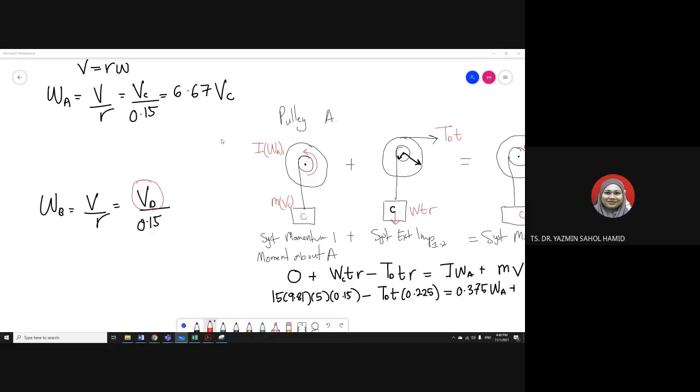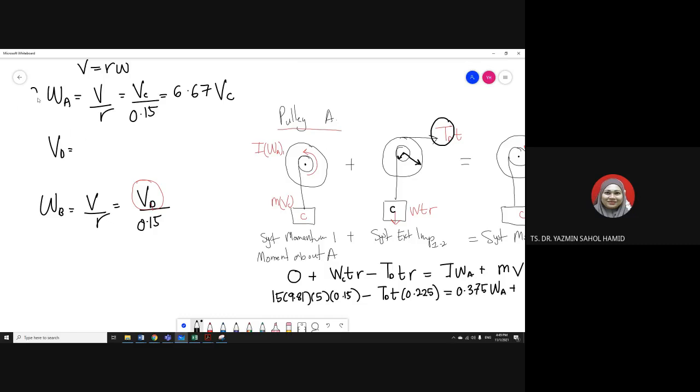If you look at pulley A, we have the block C. For pulley A, we also have the tension cord D, isn't it? So what we can do is find VD in terms of VC.